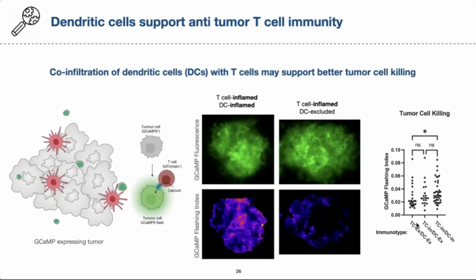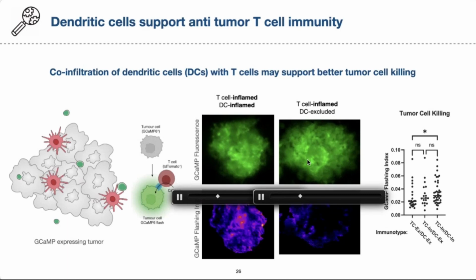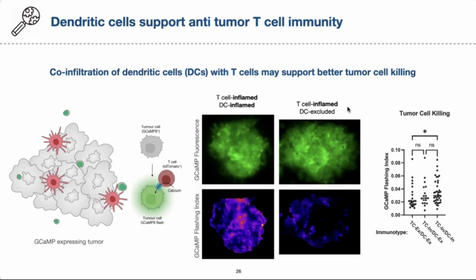And we can visualize cytolytic activity in real time using a GCaMP-based calcium reporter, where flashes of calcium influx in tumor cells indicate when you have T cell mediated attack and perforin pore formation. So here, if we look at the flashing in these doubly inflamed tumors versus the flashing in our T cell inflamed, dendritic cell excluded tumors, you can see that the doubly inflamed tumors exhibit the highest rate of cytolytic activity, shown here by these hot spots of calcium flashing.